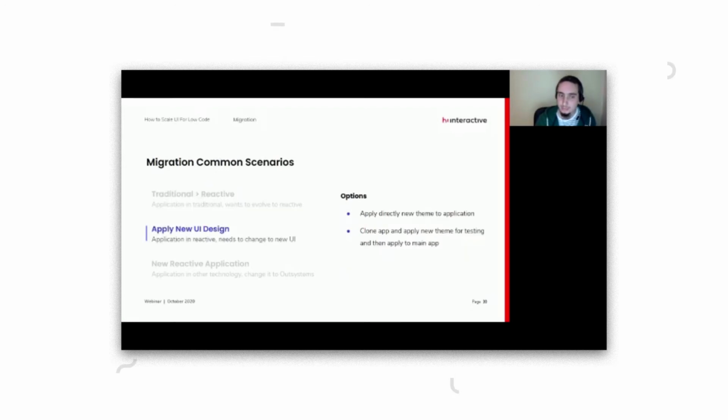Next, usually what happens is the client wants to apply a new UI design to the applications, and the two options here are: either they apply the new theme directly to the application, or they clone the application, apply the new theme, perform some tests, and then start using that new application.